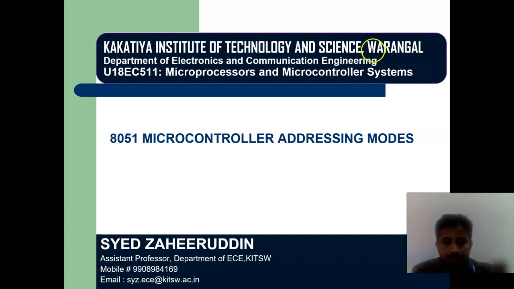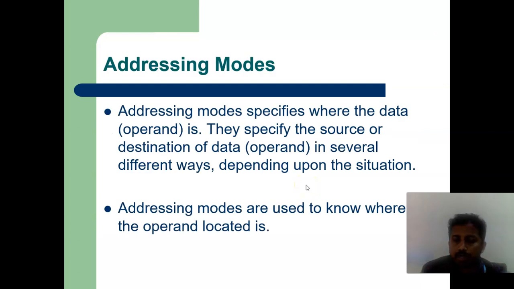In the previous video we discussed the instruction set of the 8051 microcontroller, covering all the different categories of instructions, starting from data transfer instructions to arithmetic instructions, logical instructions on bits, and branch or control transfer instructions.